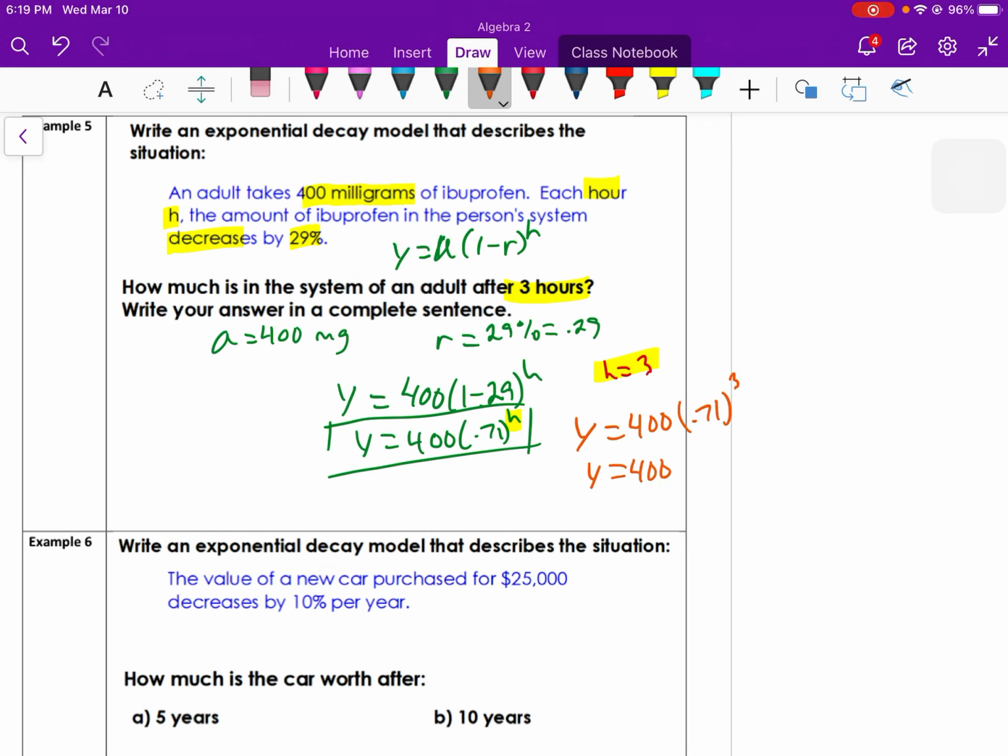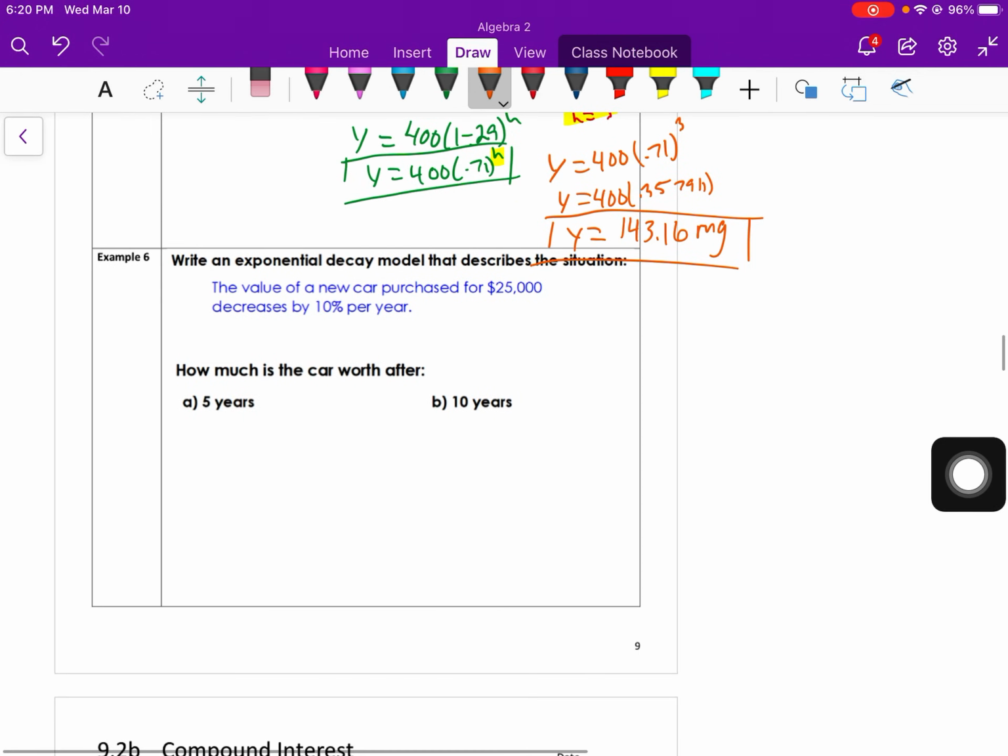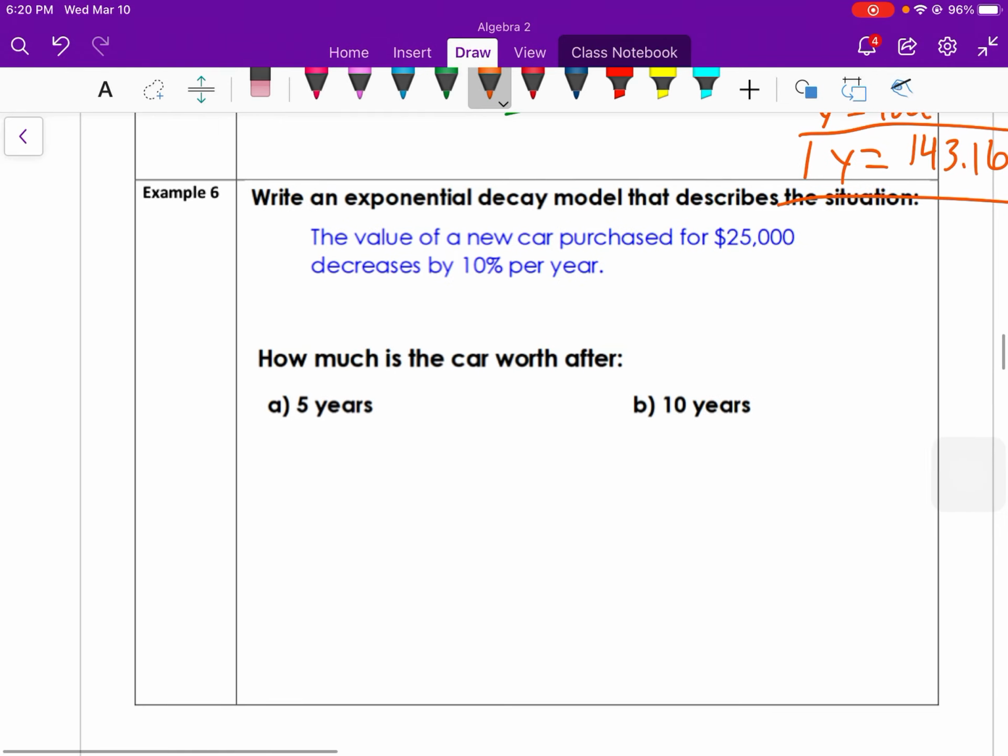So we get y equals 400 times, I've also solved this, 0.35711, and then this product equals 143.16, and then milligrams is our units. This is how many milligrams is in our system after 3 hours. That is how you would phrase it in a complete sentence.